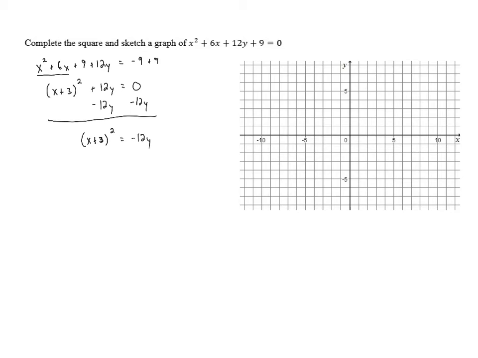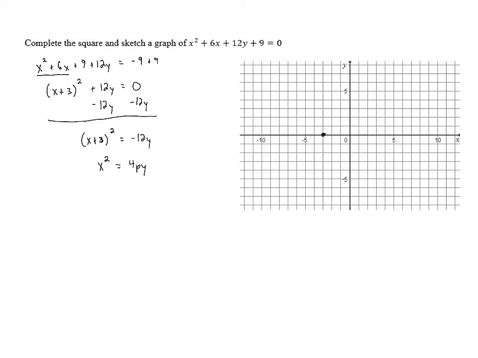And we recognize that with a parabola, one of the general forms was x squared equals 4py. So what's happened here is that it's shifted because x has been replaced with x plus 3. It's actually shifted the vertex to the left 3 units. So the vertex is going to be right here.